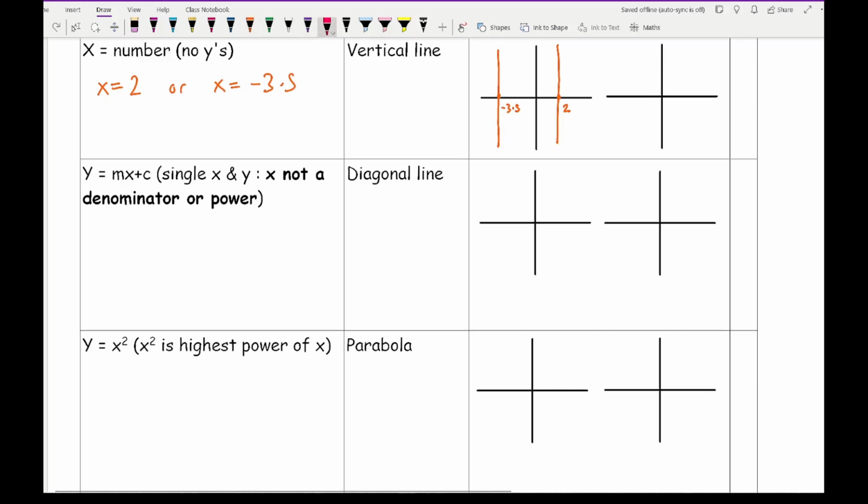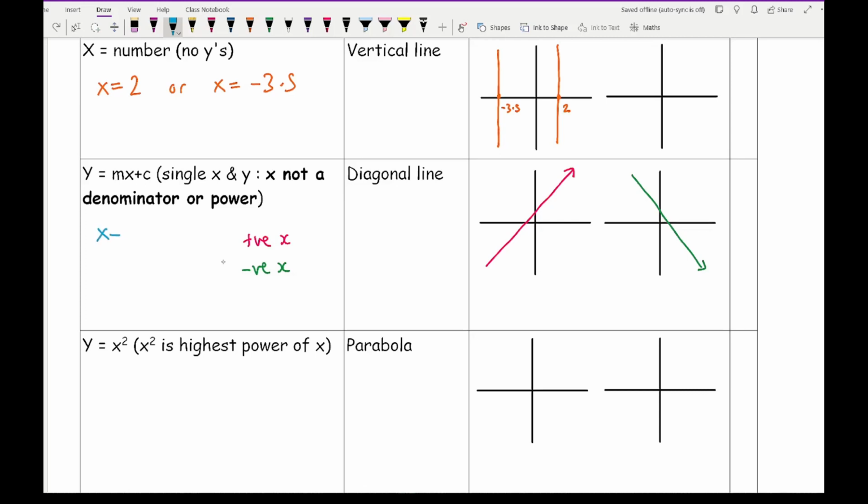Now if it's positive, a positive x will be a line that's going from left to right, it's going up. And if we have a negative x, then that's going to be a diagonal line with a negative gradient going down. Also with regards to these equations, I forgot to mention that we also need to make them y equals.